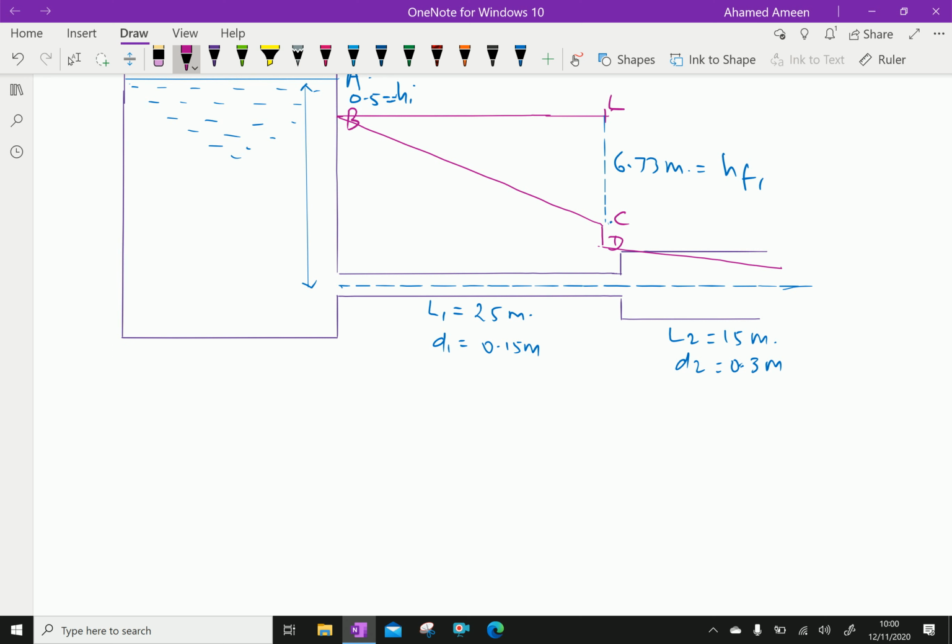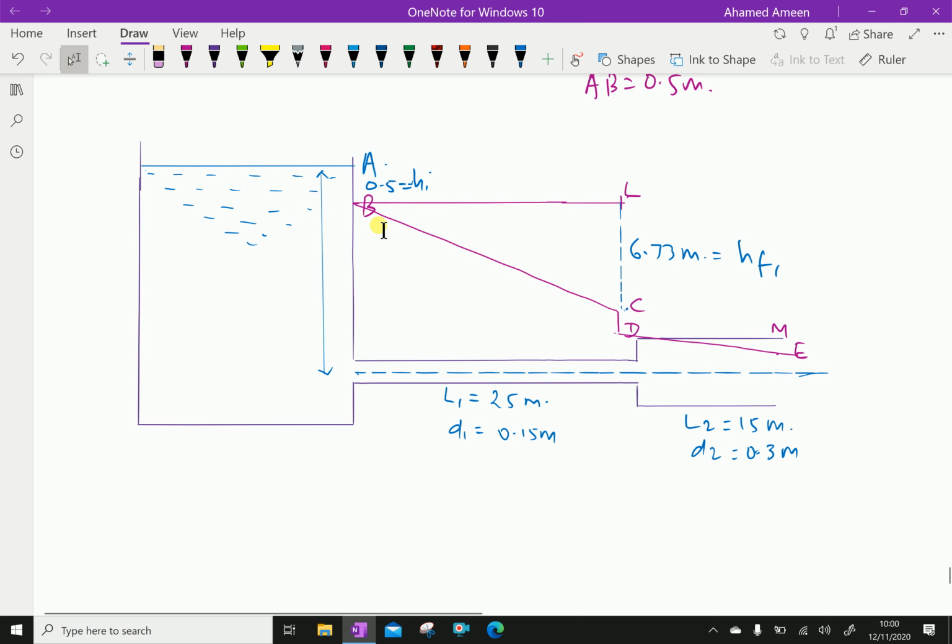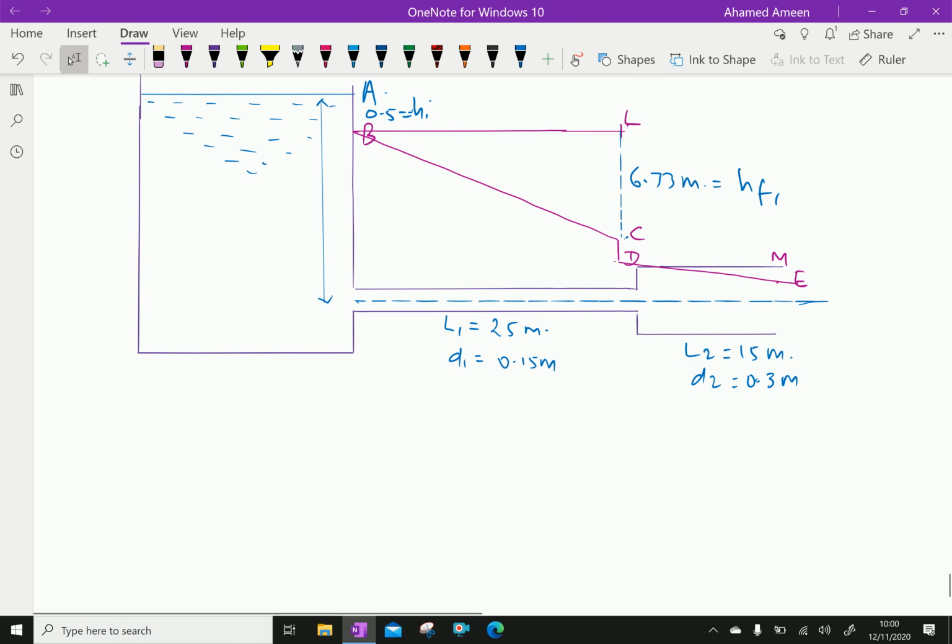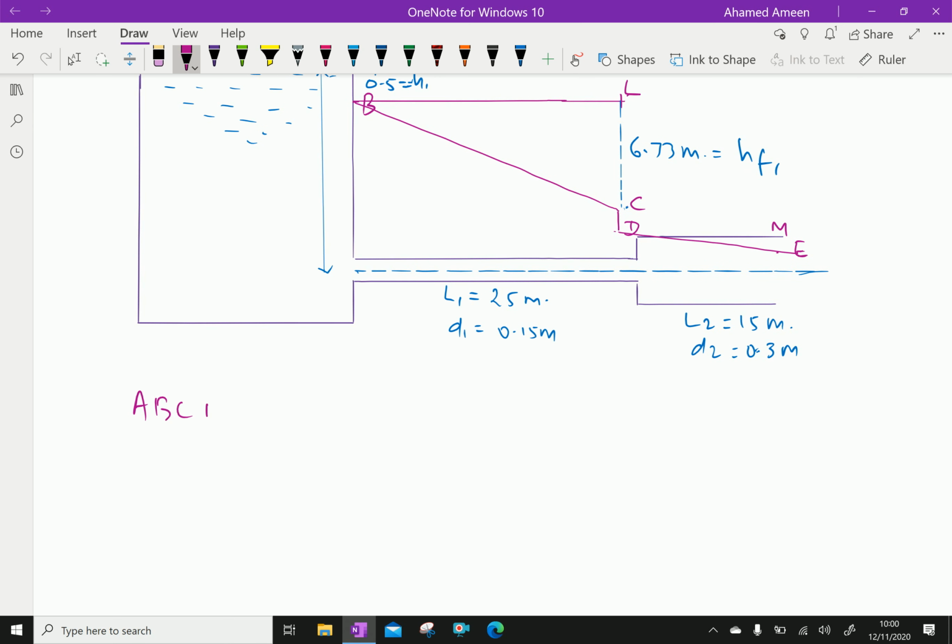This is the point E. Now this line ABCDE is the total energy line, TEL.